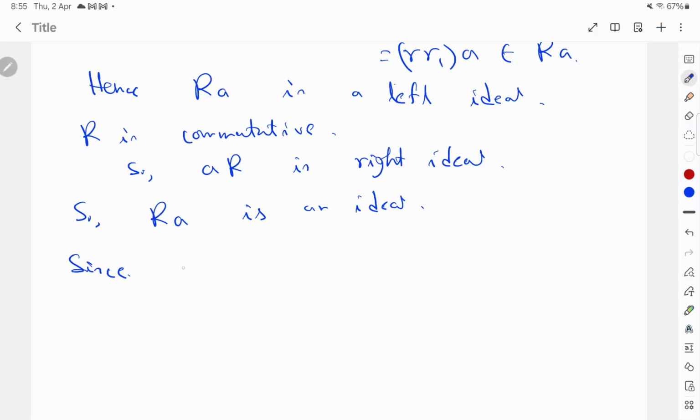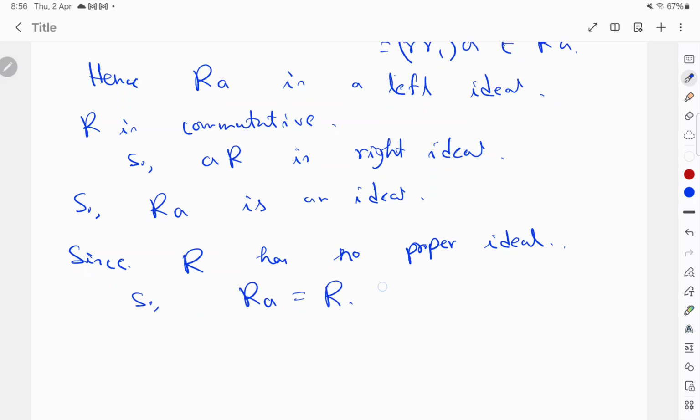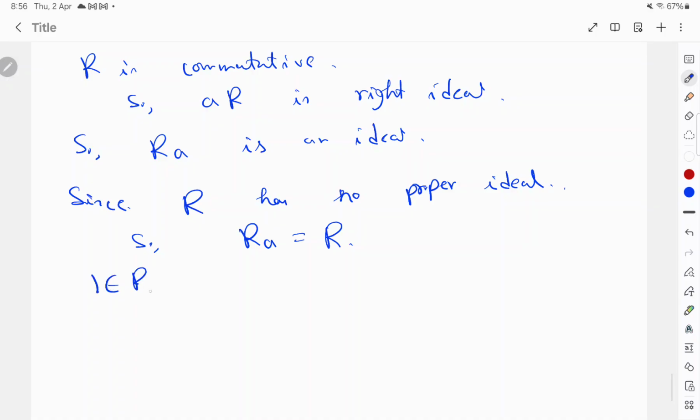Since R has no proper ideal, Ra will be R. Since 1 belongs to R, you know it is written in the first line, obviously there exists some b belonging to R such that b times a will be 1.